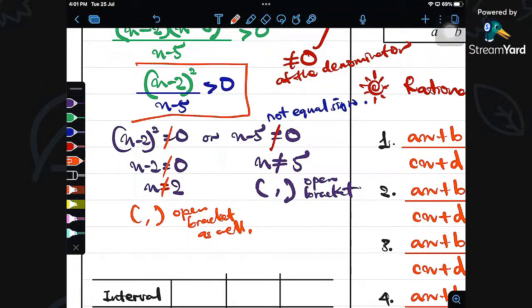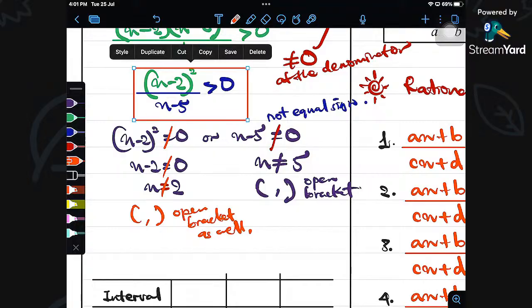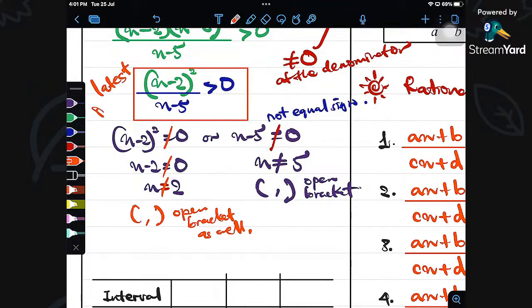Because in our latest inequality, our latest inequality said that this is more than 0. So it has no equal sign. No equal sign means everything is open. Everything is open meaning not inclusive.